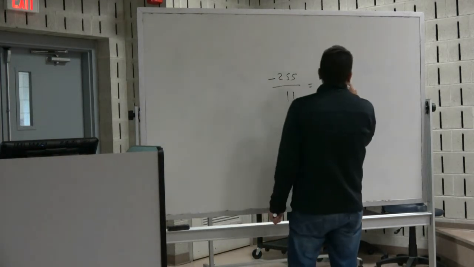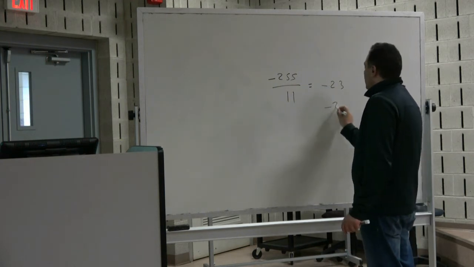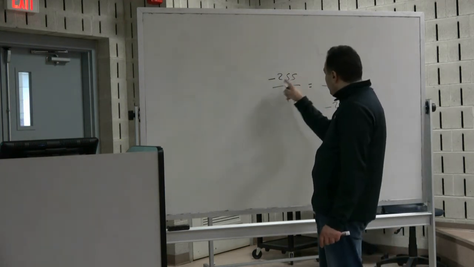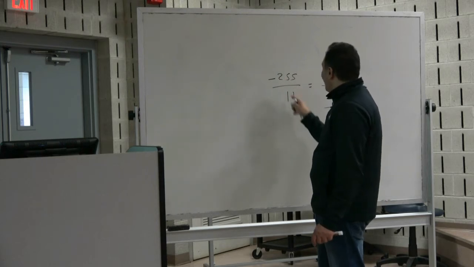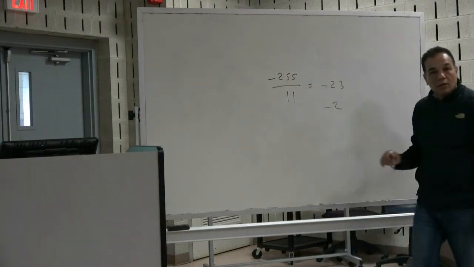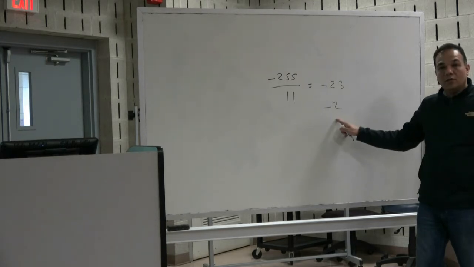Minus 23. And how much is the remainder? Minus 2. So how many 11s in minus 255? It is minus 23, right? And the remainder is minus 2.